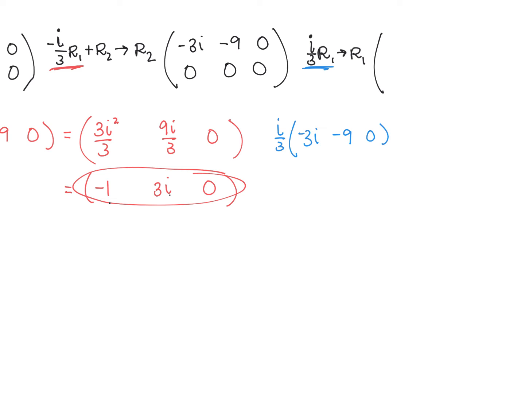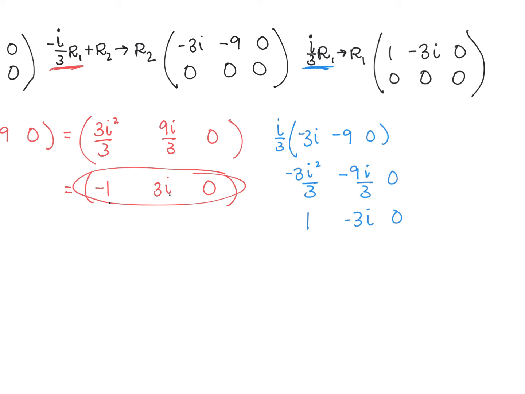We would end up with negative 3i squared over 3 minus 9i over 3 and 0, which means that we end up with positive 1, negative 3i, and 0. So this matrix in its row echelon form will look like that.